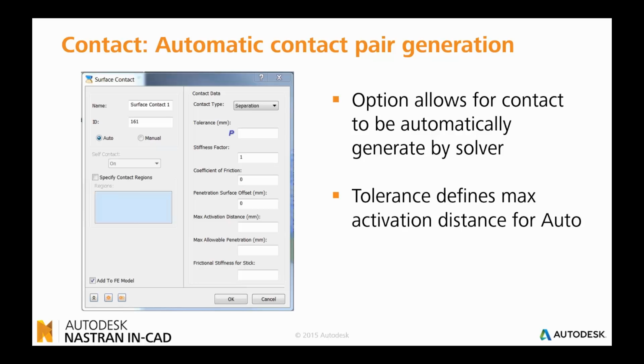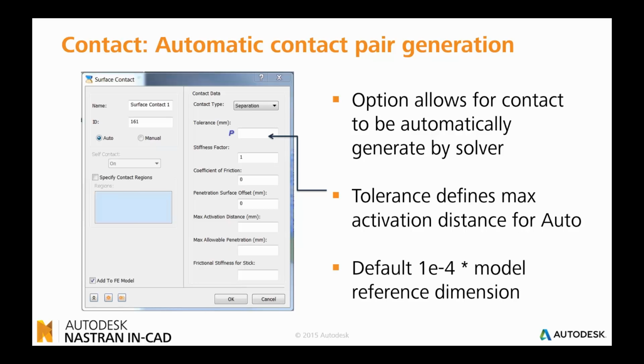And the tolerance defines the maximum activation distance for auto, and so this is the area that's in the dialog box towards the top right. By default there's a direct relationship to a model reference dimension, which is typically one of the largest dimensions of an individual component inside your assembly, to give you an understanding of that tolerance and define the activation distance.